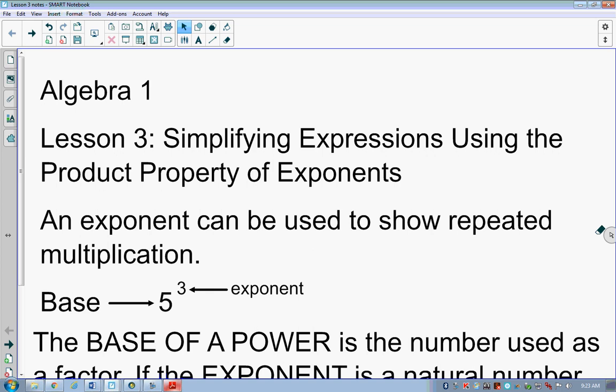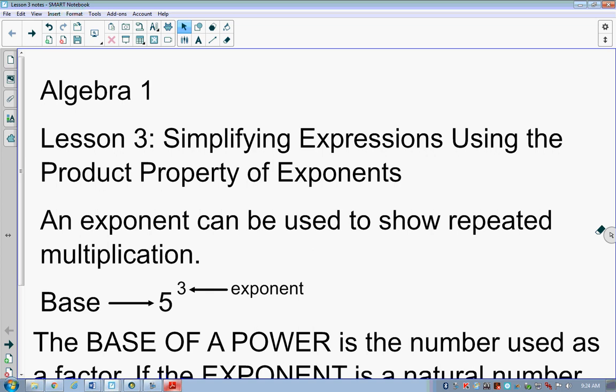If my base is the number 5 and my exponent is 3, or 5 cubed, then what we're actually saying is 5 times 5 times 5, or 5 times itself 3 times. Do we follow that? So if it was 5 to the 4th, it would be 5 times 5 times 5 times 5. Okay? So we've got our base number, which is being multiplied by itself the number of times shown above.